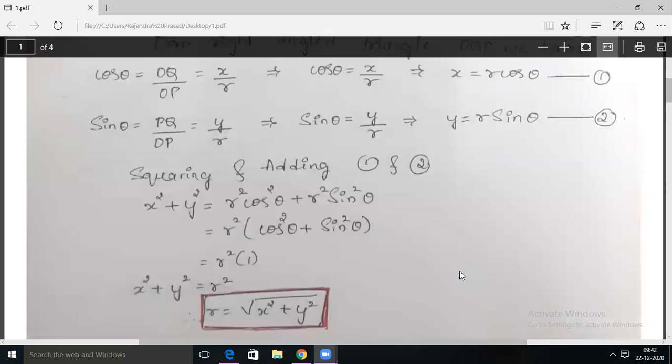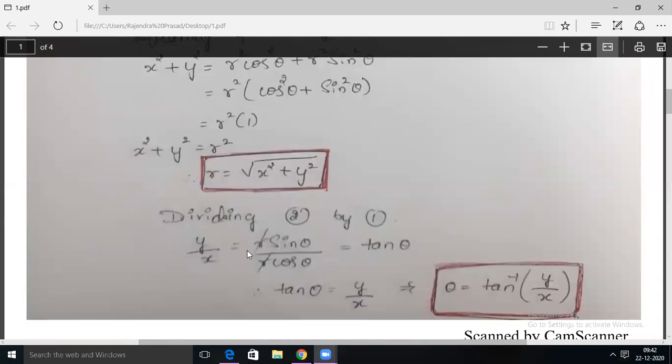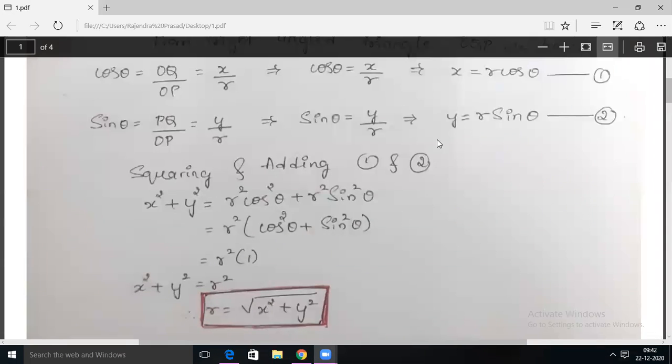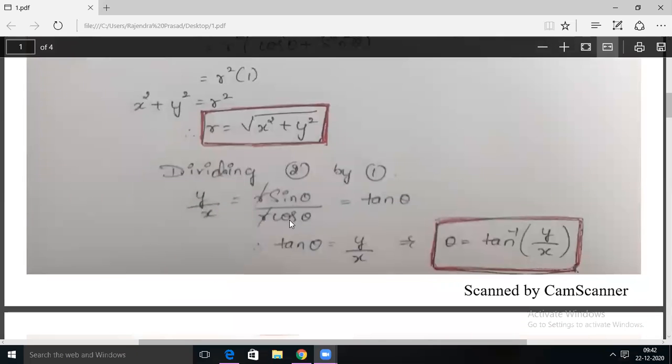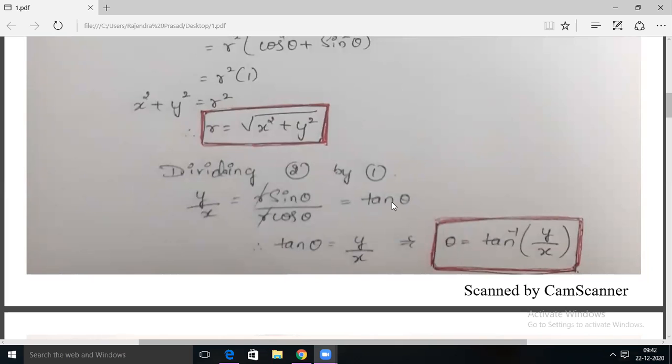Observe carefully: y upon x is r sin theta upon r cos theta, r gets cancelled, and sin theta upon cos theta is equal to tan theta. So y by x is equal to tan theta, or tan theta is equal to y by x. We want theta only, so tan goes to the RHS and becomes tan inverse. Theta is equal to tan inverse of y by x.